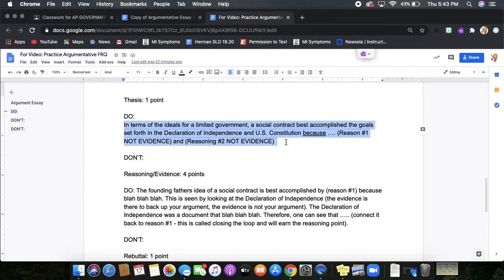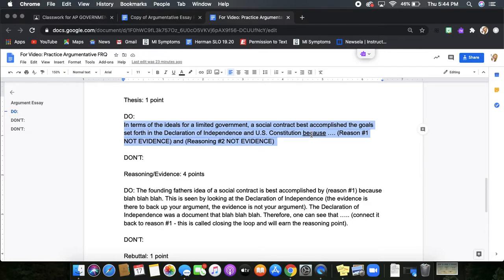So in terms of the ideals for a limited government, a social contract best accomplishes the goals set forth in the Declaration and U.S. Constitution because, insert reason number 1, insert reason number 2. Okay, so you see I took a clear stance that it was a social contract, and then I'm saying it's a social contract because, and then I'm telling you the big idea reasons.